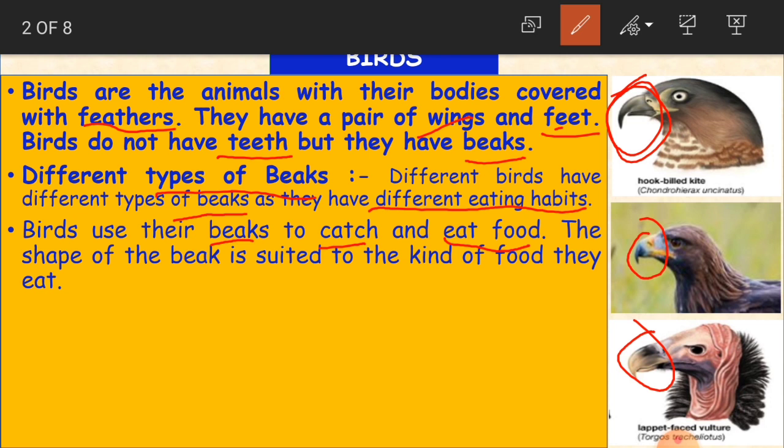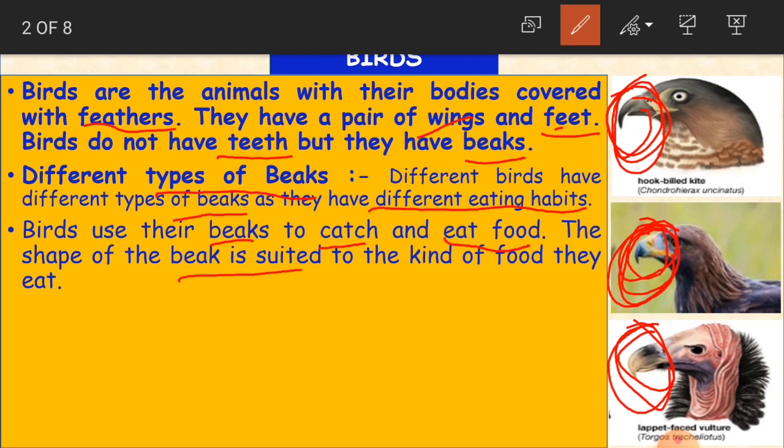And the shape of the beak is suited to the kind of food they eat. If you see here, all these are beaks only, but we said that these beaks are different. Why? Because according to the food they eat, their beak structure is designed.